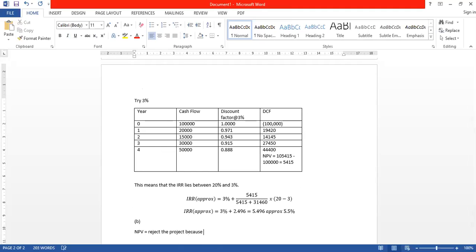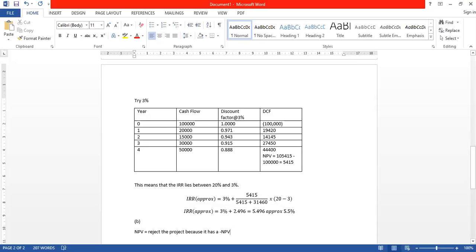Using NPV as your appraisal technique, why are we rejecting the project? Because it has a negative NPV.